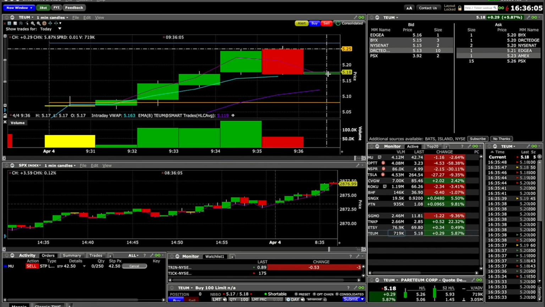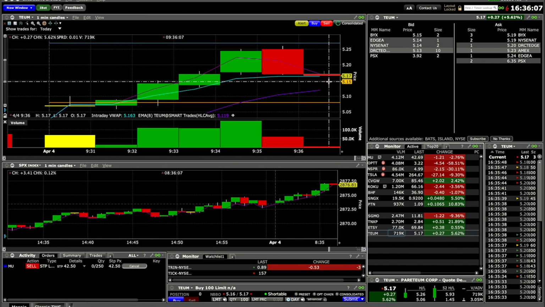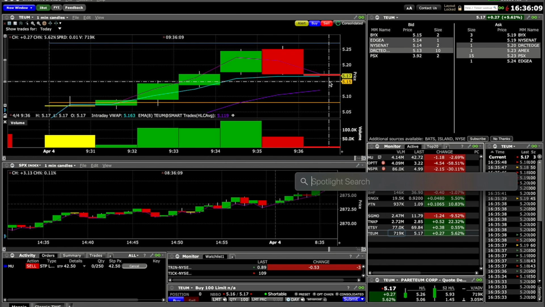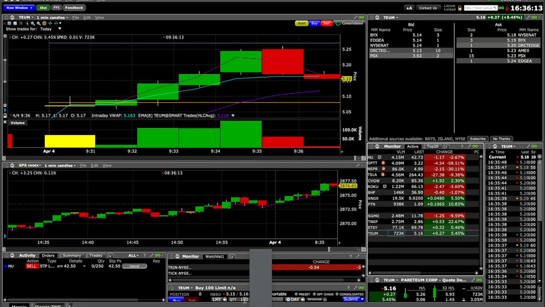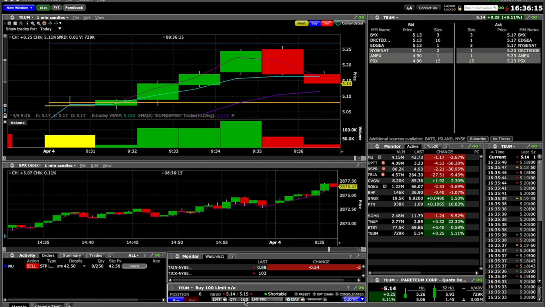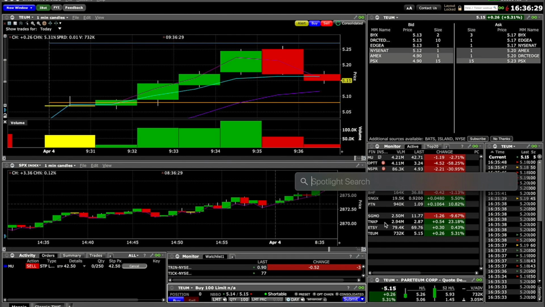So here we have about 15 cents risk. Now it's already broken the pattern, so I'm going to leave it for now. Let's see if it's going to support itself on the 14, 15. If it is, it might be a good thing. I'm going to stretch it a bit.